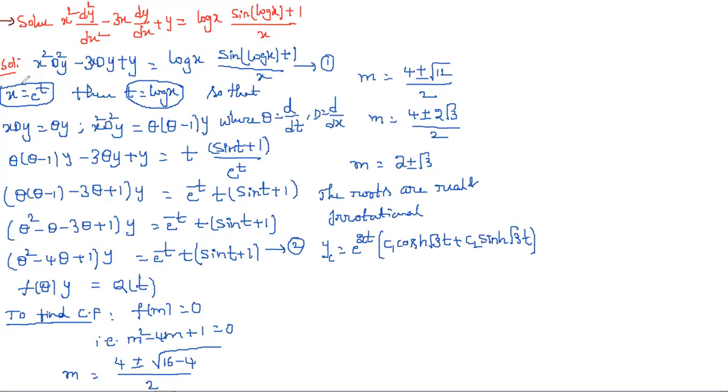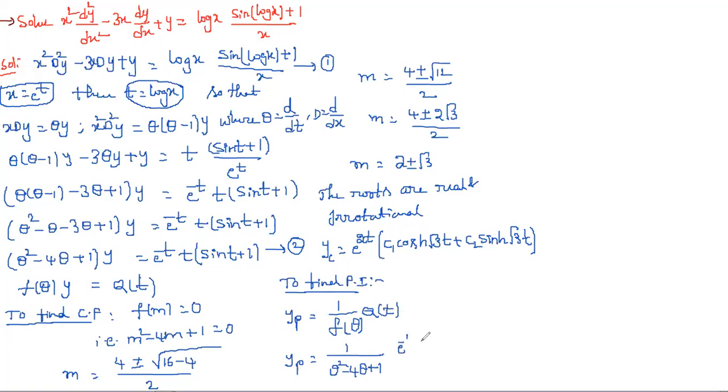Now we need to find the particular integral. Yp is equal to 1 by f of theta into q of t. So Yp is equal to 1 by theta square minus 4 theta plus 1, and q of t is nothing but e power minus t into t sine t plus 1.